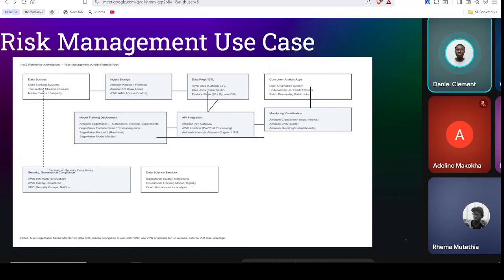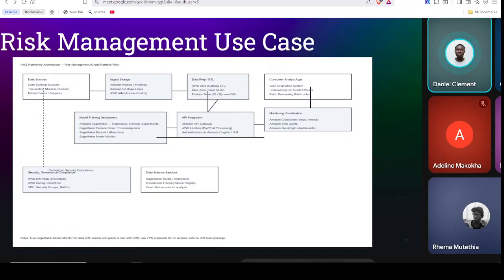And in order to keep security in check, we will have either our Key Management Service or a custom management service. We would have AWS Config and CloudTrail for compliance's sake.